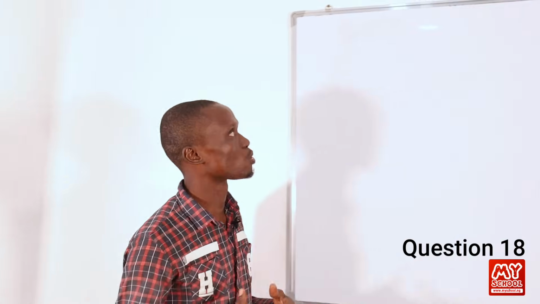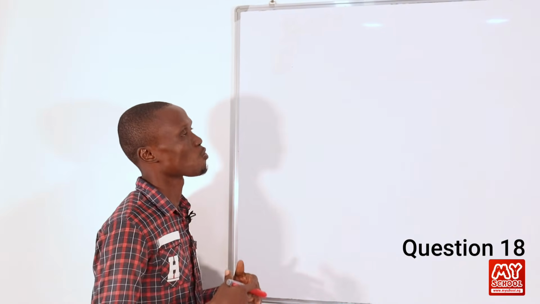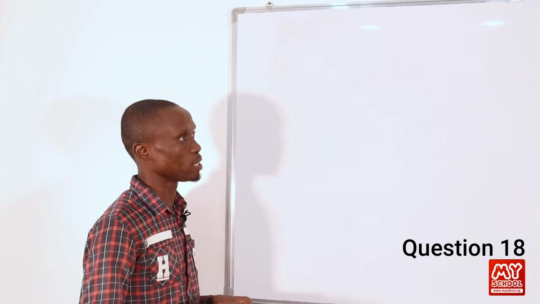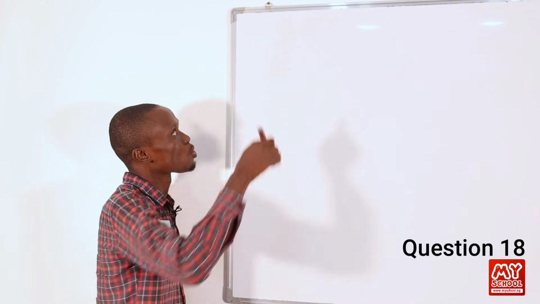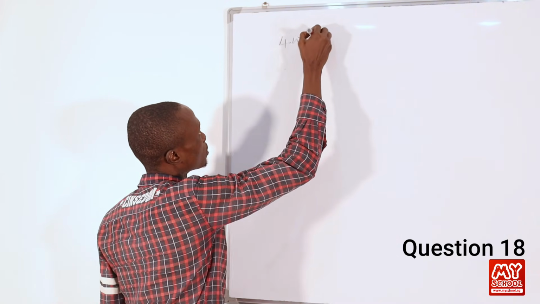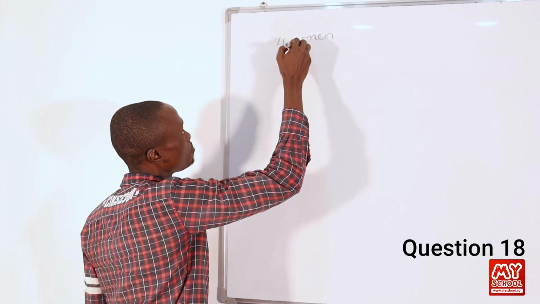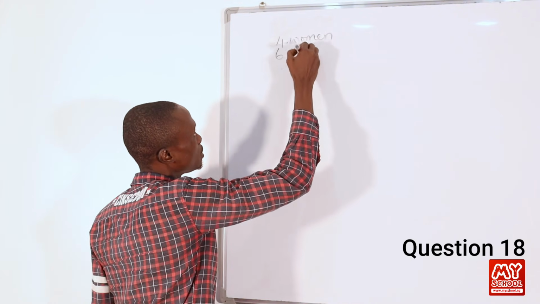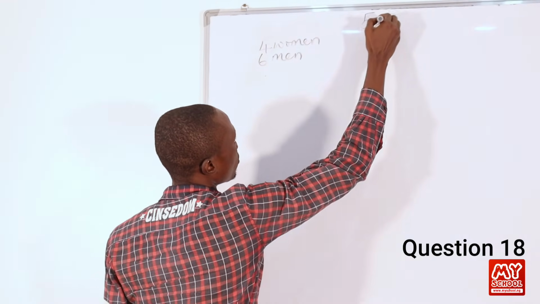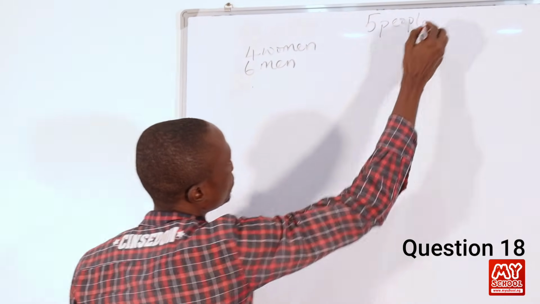In the question, we are told that the committee of 5 people should be a majority of women. We have 4 women in the group and 6 men in the group, and we want to form a committee of 5 people.